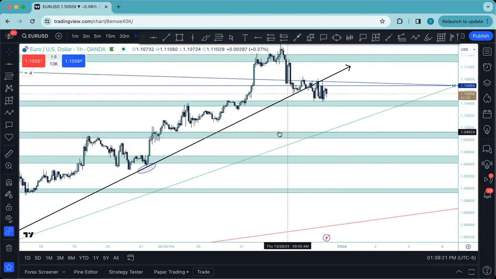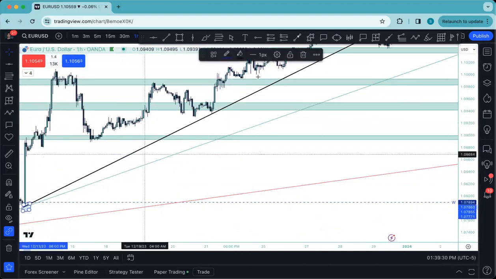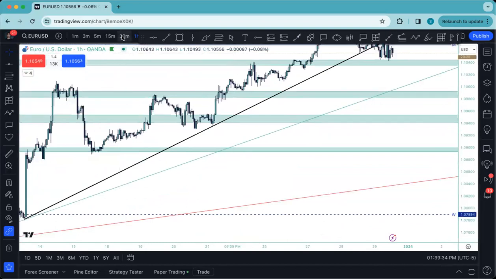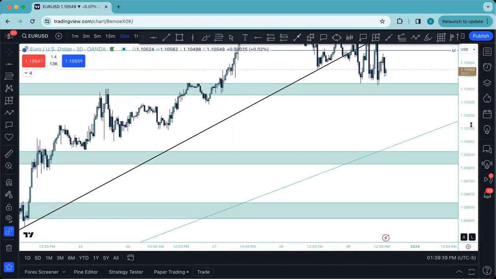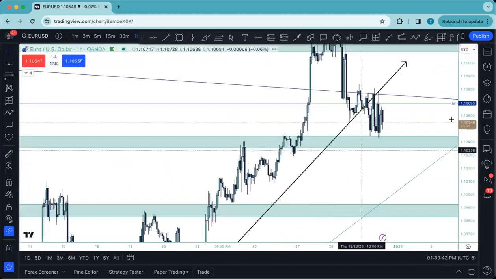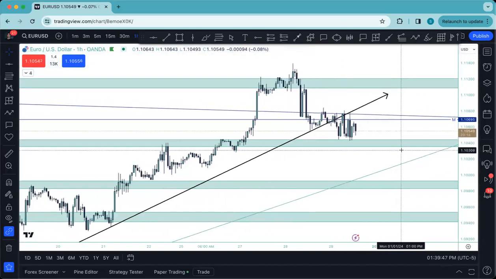Okay, now let's get back to that, we've identified the 1 hour. And now let's go to 30 minutes, see if we can see a little bit more structure going on. Let's go back to the 1 hour because we might have a top trend line that we can put on.